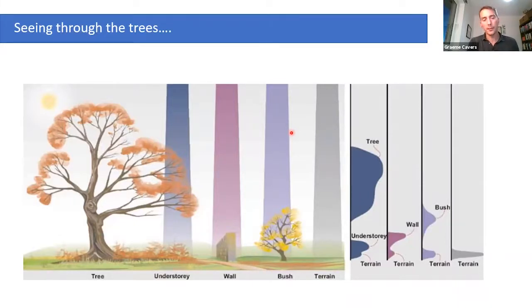So when people say that LiDAR sees through trees, that's not strictly correct. But what it does do is give us the ability to filter those first return measurements against the ground surface to produce what we call a bare earth model.